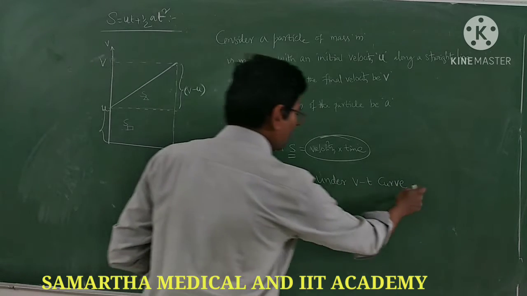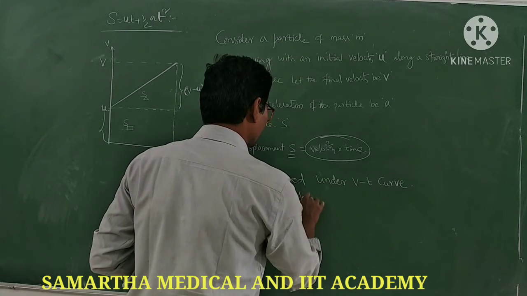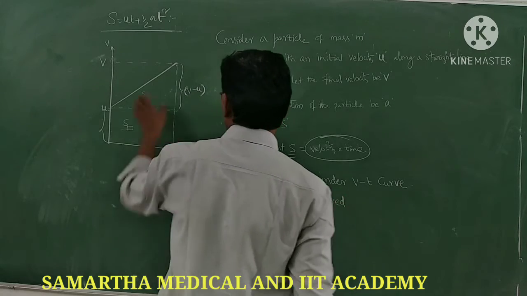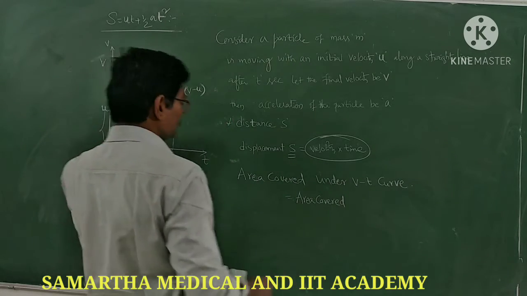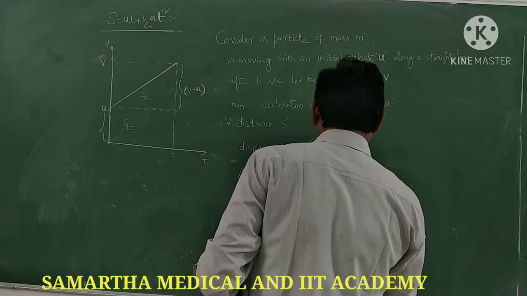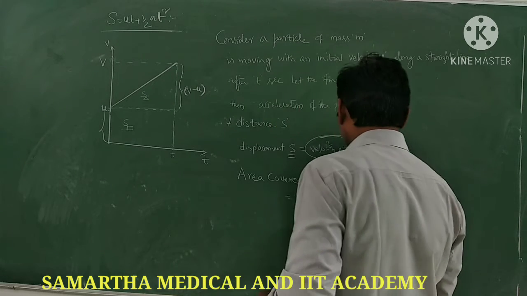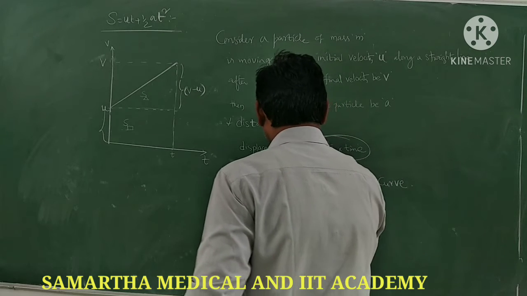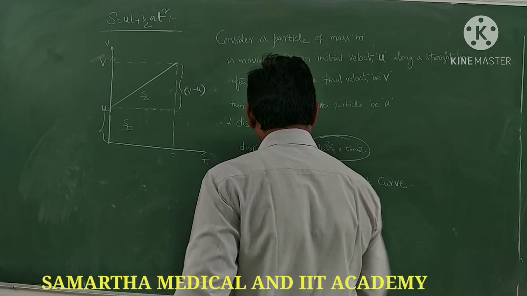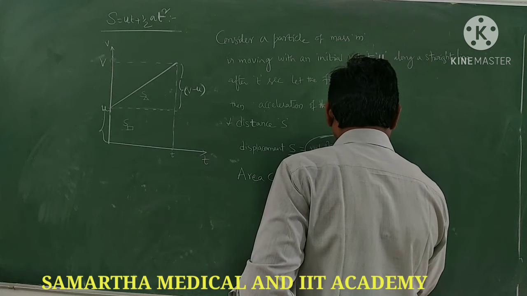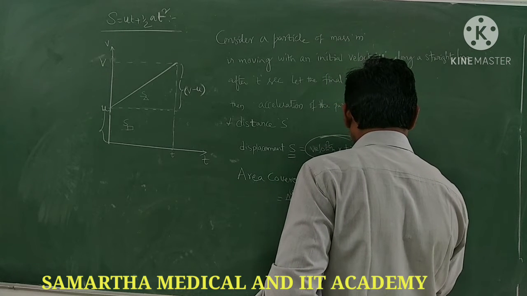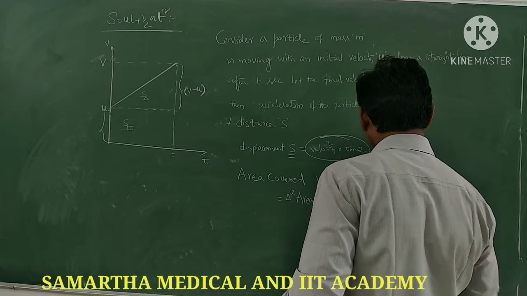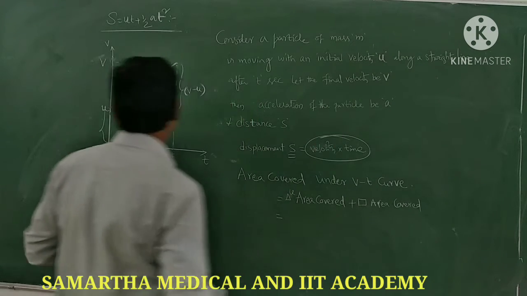So the area covered under the Vt curve is equal to the area under the triangle plus the rectangular area. What is the triangular area?